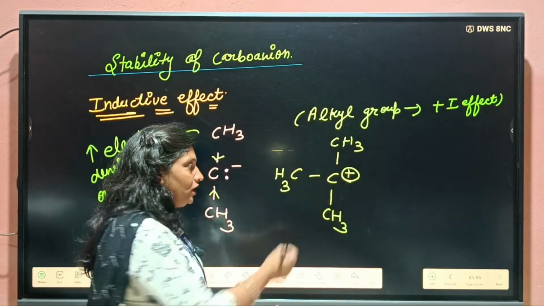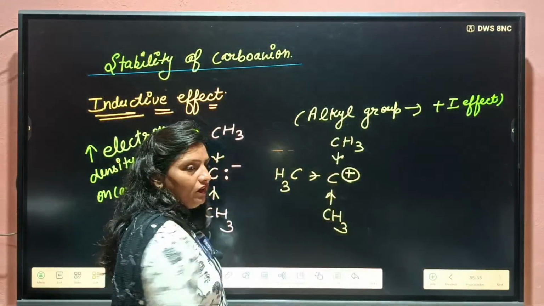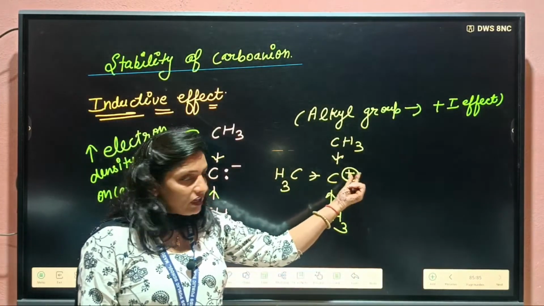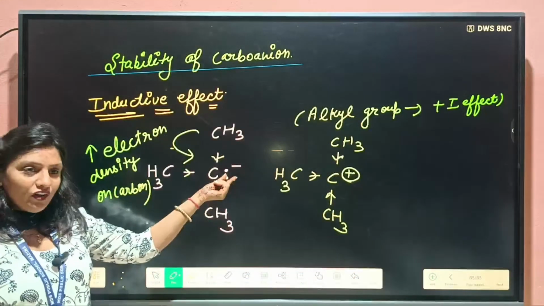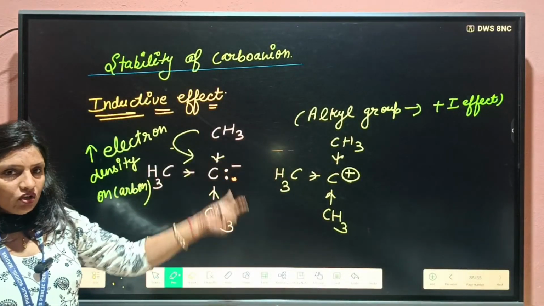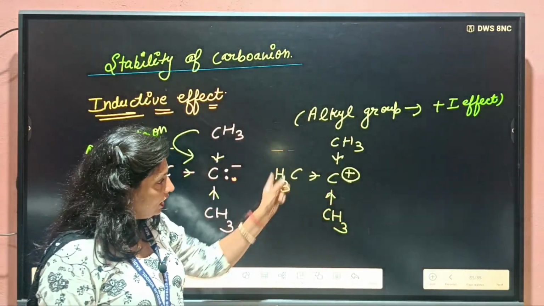So how many donors will be available? All will provide stability to this one. Here it is feeling hungry, but here it is already overeaten. Clear or not?